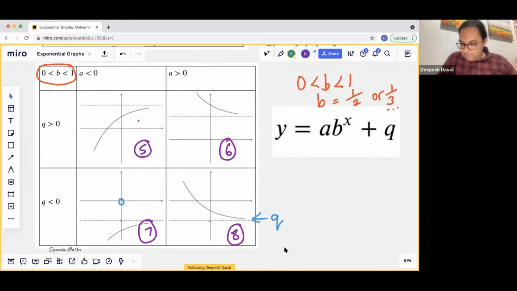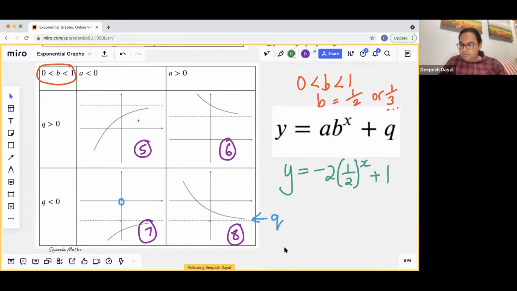Okay, so we've got these, and I'm going to give you another example now, and then you're going to tell me which one of these it is. So let's try this one. Y equals minus 2 times half to the power x plus 1.